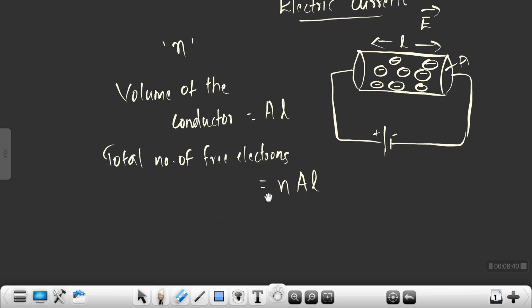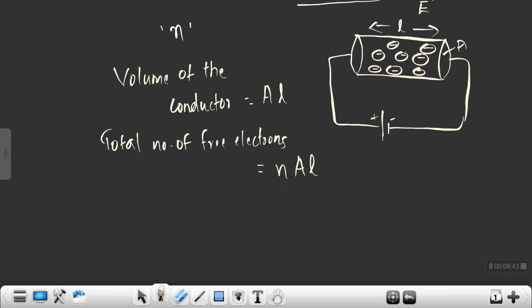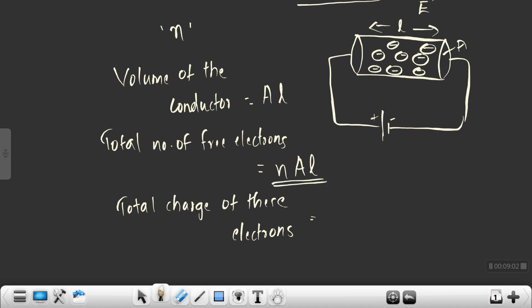Now we have to find out the total charge of these electrons. We got the total number of electrons here, and we know that the charge of one electron is e. So we have to multiply the charge of one electron with the total number of electrons. So the total charge of electrons we get is enAL.